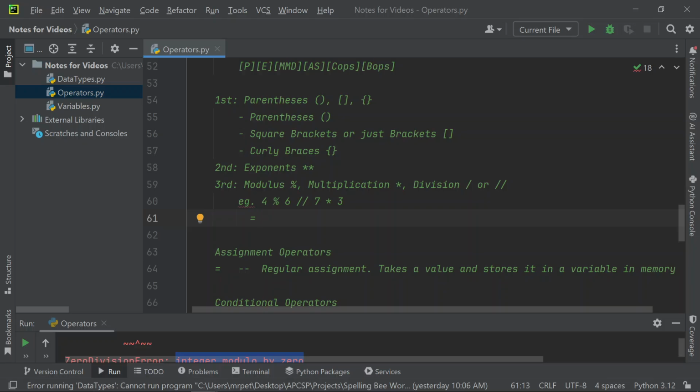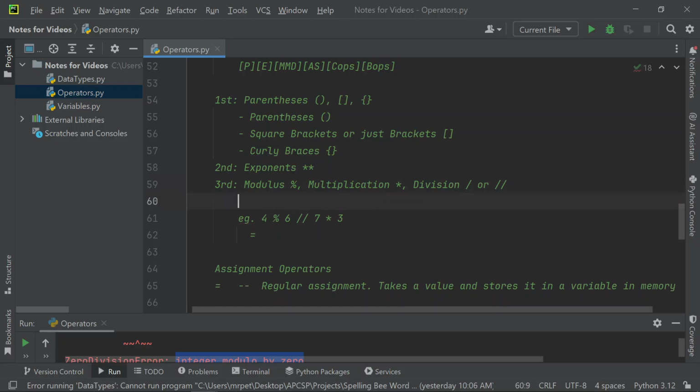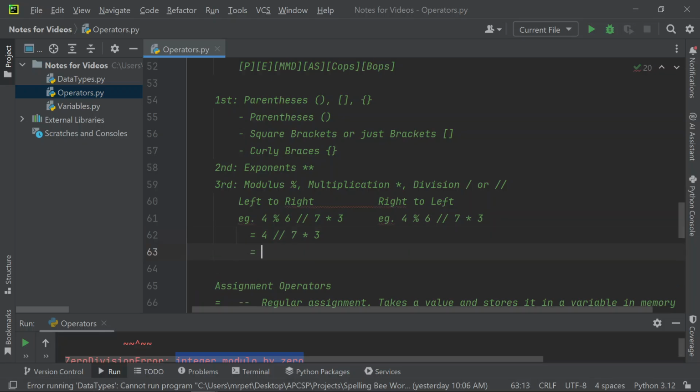So let's see. For mod 6, if we're going from left to right, let's label this left to right, and then maybe we'll do right to left, to see if we get the same thing. 4 mod 6 is 4, since the left number is smaller than the right number. Then we have 4 divided by 7 for integer division.